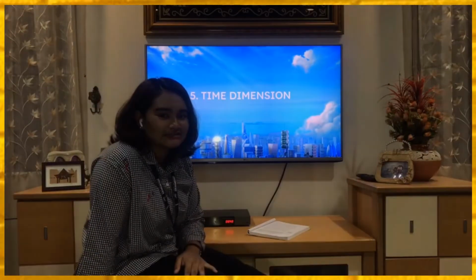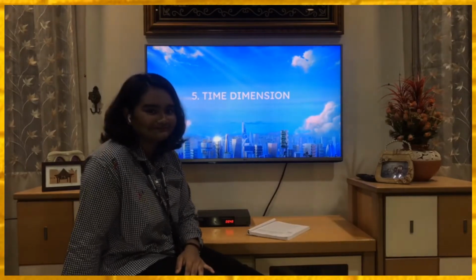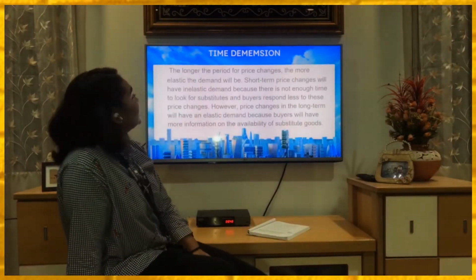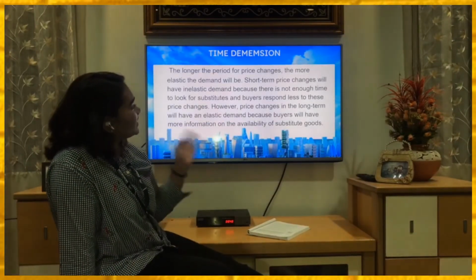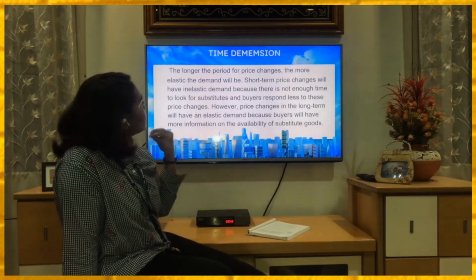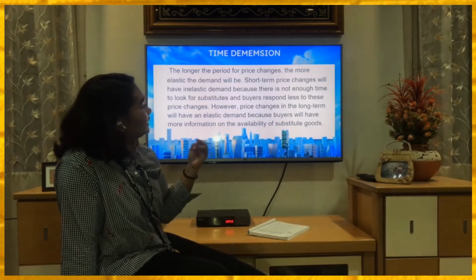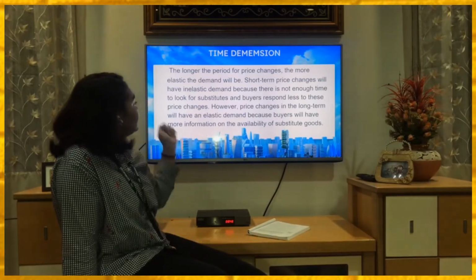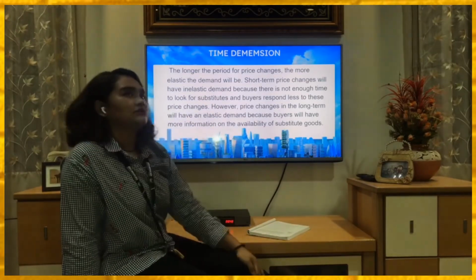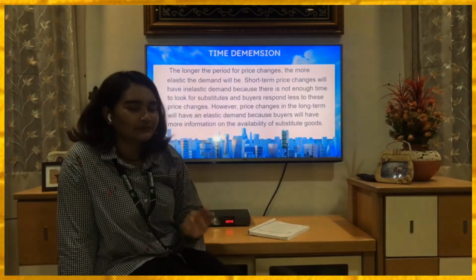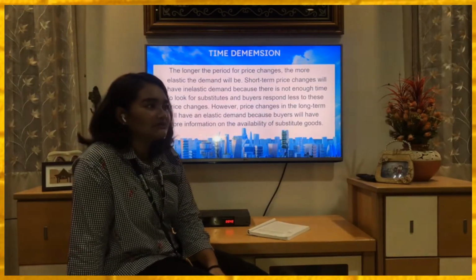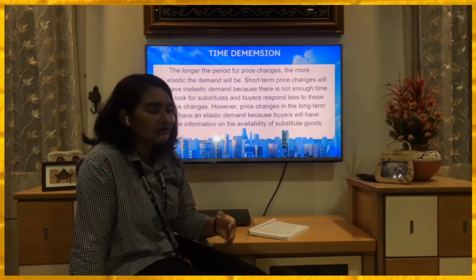The factor is the time dimension. The longer the period of price changes, the more elastic the demand will be. Short-term price changes will have inelastic demand. Short-term is when you buy what you want.